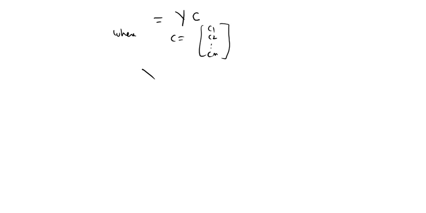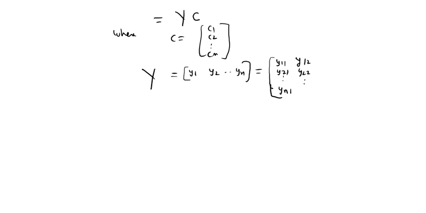And what is Y? Y is a matrix in which the first column is y1, so the entries of y1 are the first column: y11, y21, yn1. And what is the second column? This is just y2, so y12, y22, yn2 and so on.